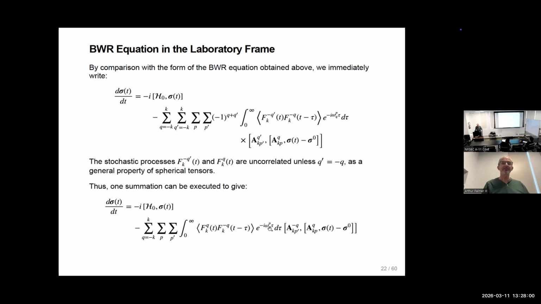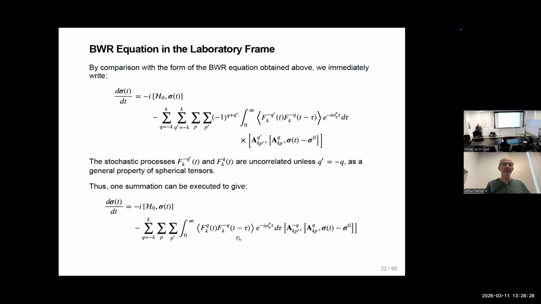But if omega is 0, this reduces to the integral. So our adiabatic treatment, our simple treatment, captured the part of relaxation where omega is 0. That's the adiabatic part. There's no precession. And now our full treatment captures everything.